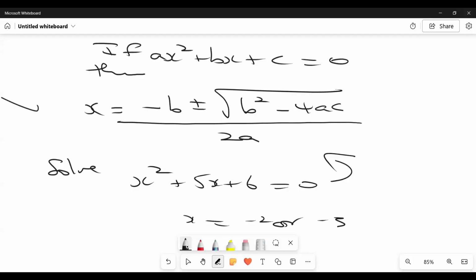Try that formula. And then there's a harder method called completing the square. There is even another method, but we're not going to get into that in this course. We're going to leave that for another course. I want you to try substituting in this formula.